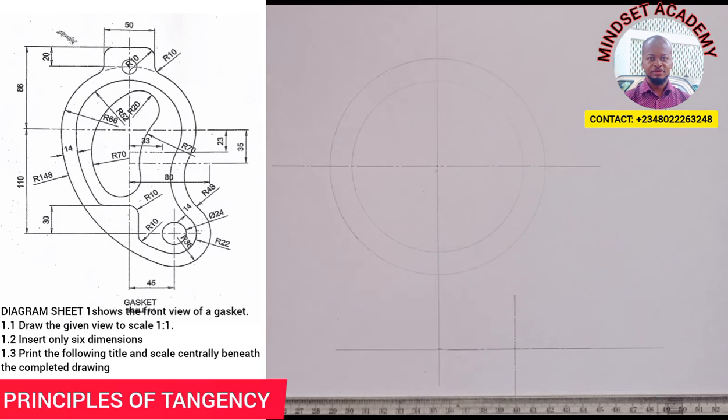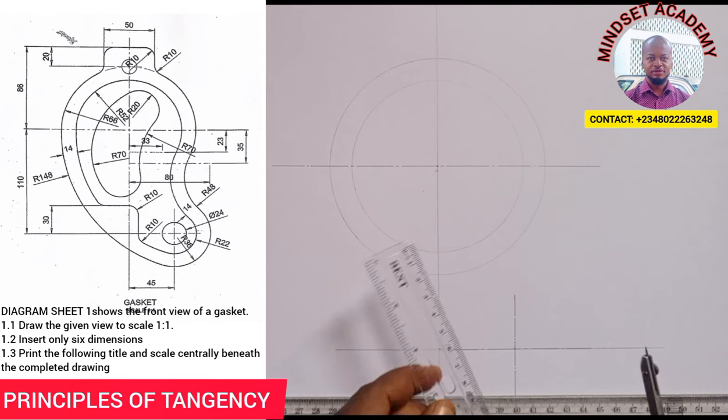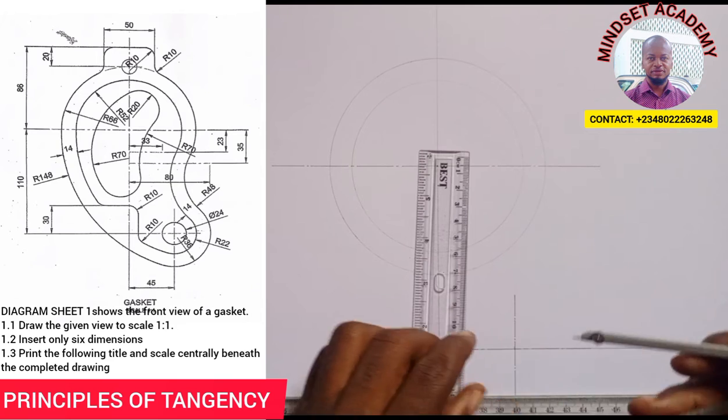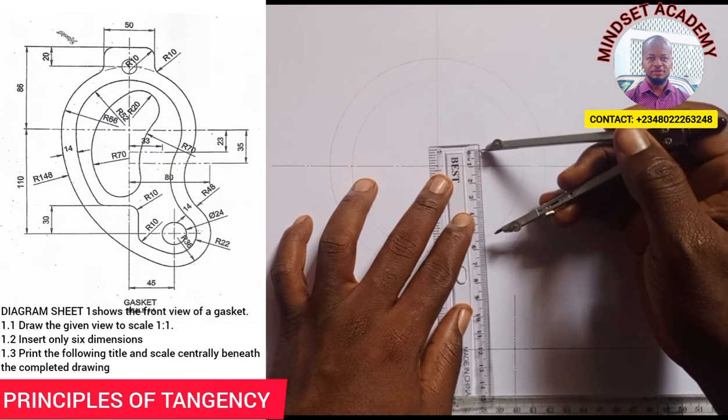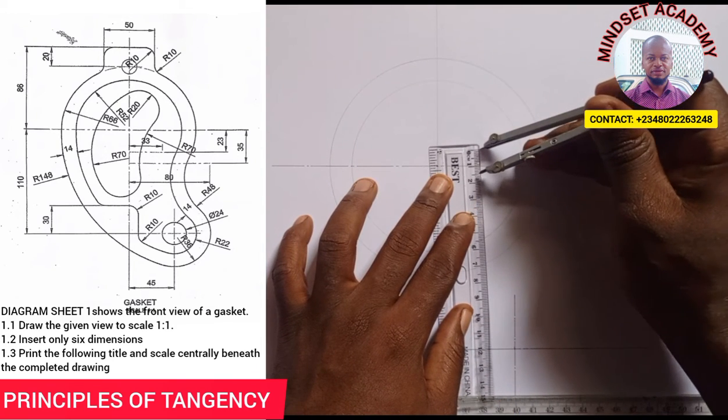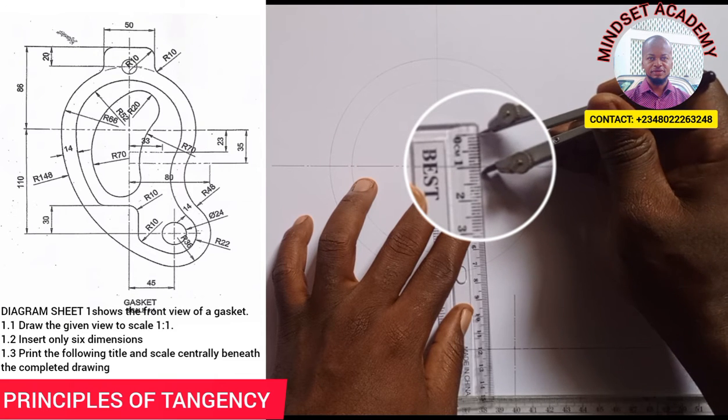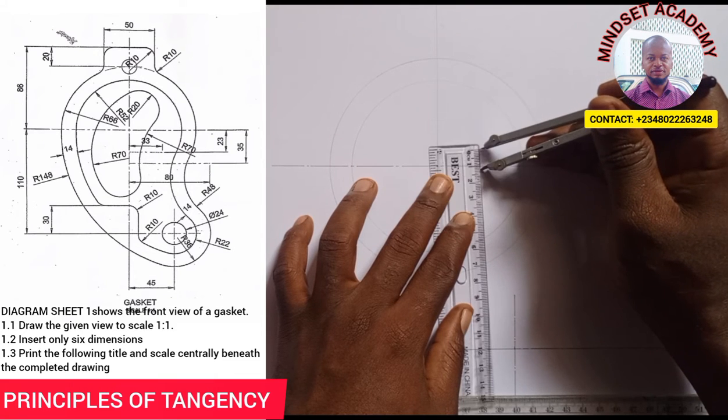So how will I do that? I'll just take my ruler, and I'm going to measure 12, from 0 to 12. Can you see that?